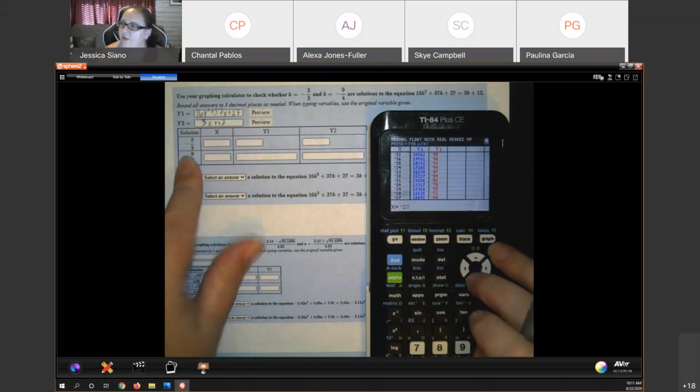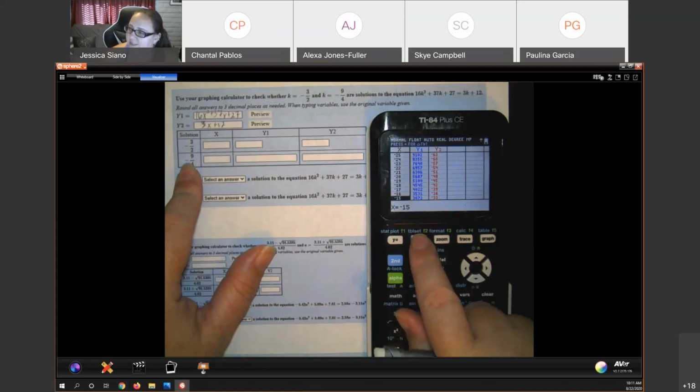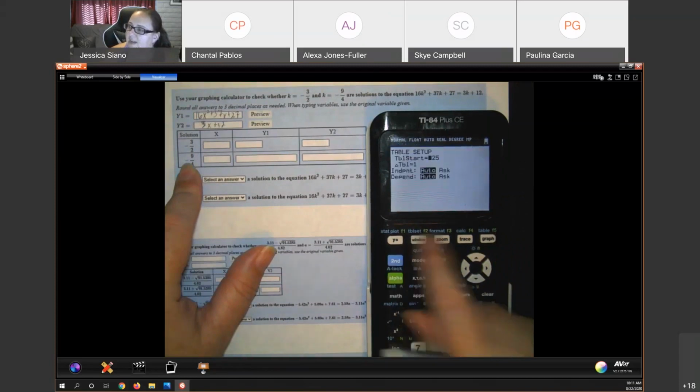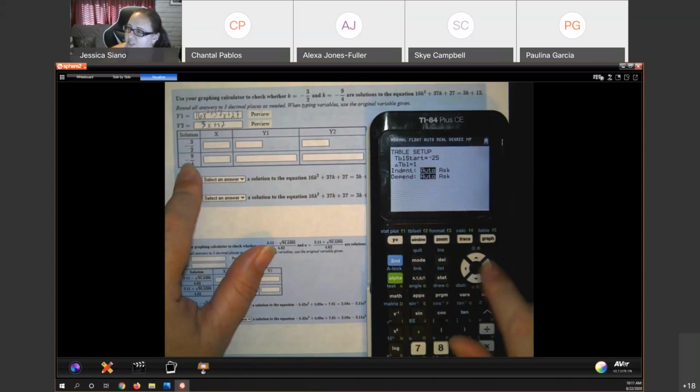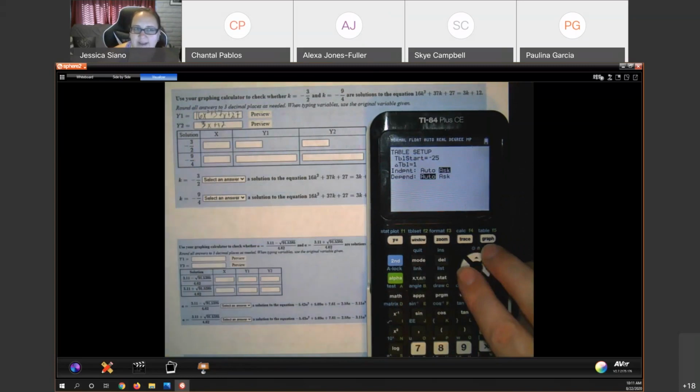Now, we want to be able to put in values for x. So to do that, you're going to go to second and then window for table set. And on independent, you're going to change it to ask. So basically what that means is you're telling the calculator, ask me for x values.